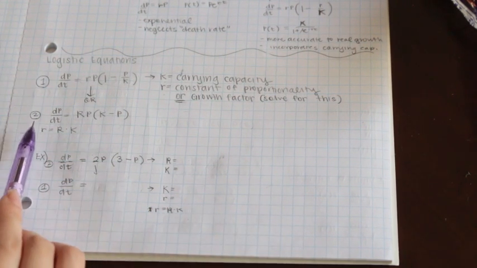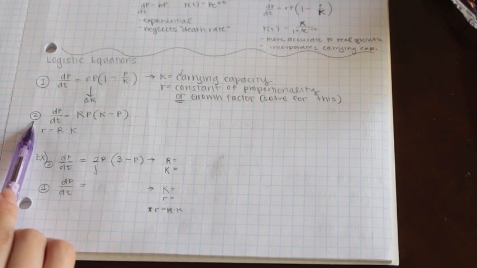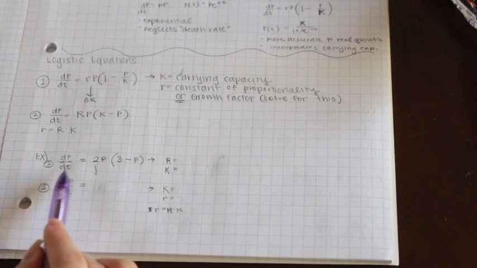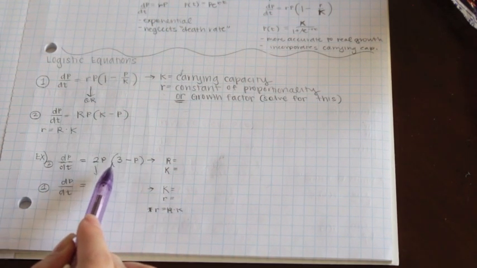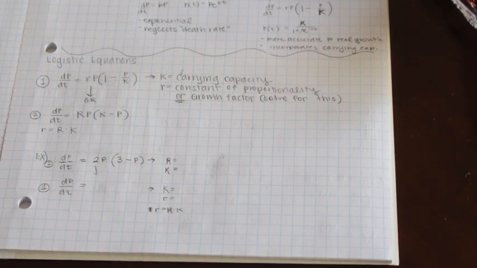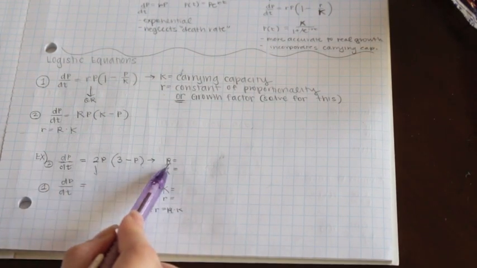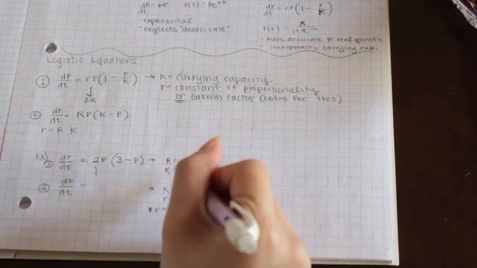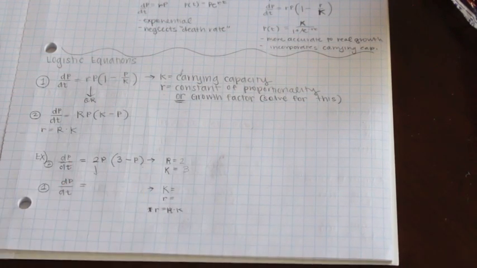So if you come across something in the form of equation number 2, this is how you convert it. So if you're given dP/dt is equal to 2P times 3 minus P, you're going to recognize first that your big R is equal to 2 and your K value is equal to 3, as you can see from this equation here.